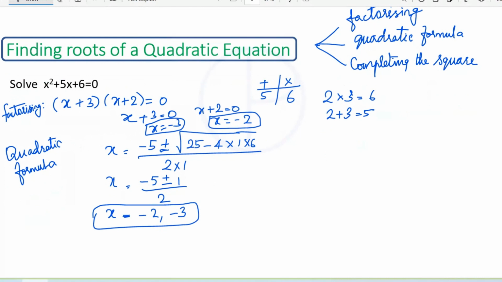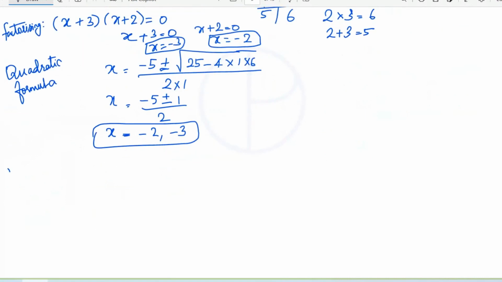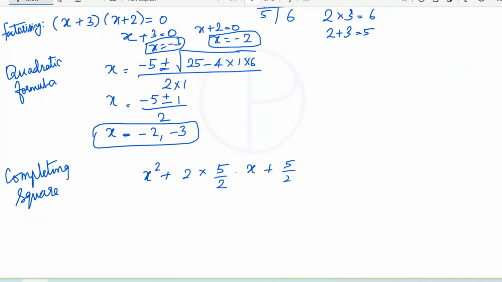The third is completing the square method. So x square plus 5x can be written as 2 multiplied by 5 over 2 x, plus, now add and subtract 5 over 2 the whole square, plus 6 equal to 0.